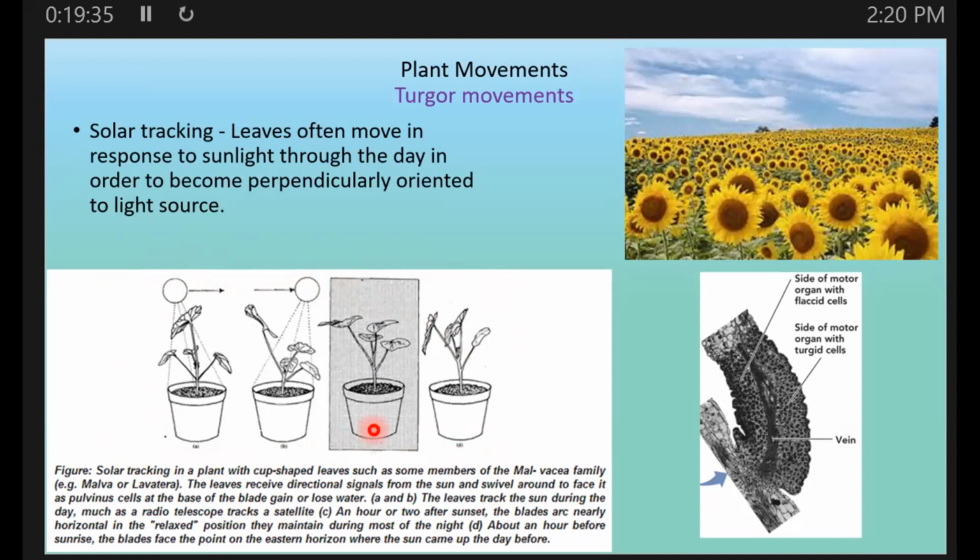So pretty cool. This response with solar tracking is more of a turgor movement, where you can get the shifting like this in response to the sun tracking across the sky.